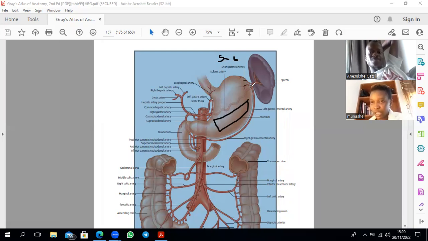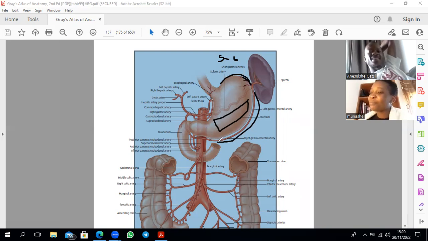I can see the short gastric artery is on the greater curvature, not the lesser curvature. This is not the greater curvature of the stomach, by the way. This is the fundus of the stomach. The greater curvature starts somewhere here going down. But it's not on the lesser curvature, that's my point.